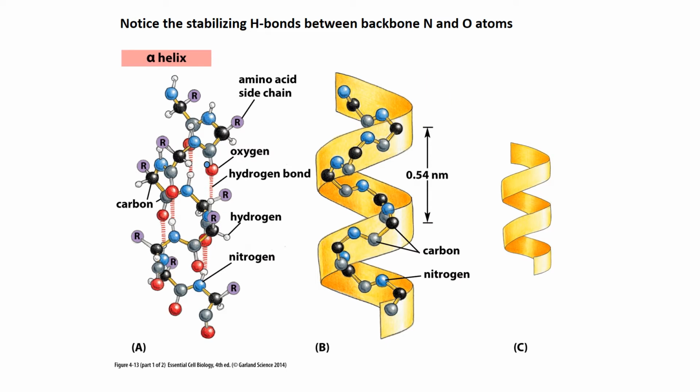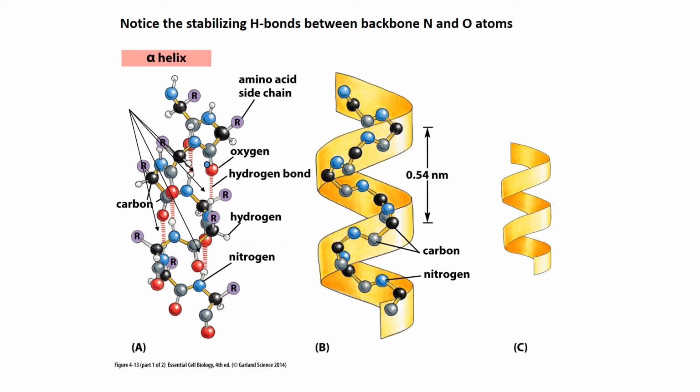Here we can look at the alpha helix a little more closely. What I want you to particularly note, in addition to the helical pattern, would be these hydrogen bonds represented by the parallel pink lines. Hydrogen bonding, as we discussed on the previous video, can happen between backbone atoms of the amino acid chain, specifically between nitrogens and oxygens.